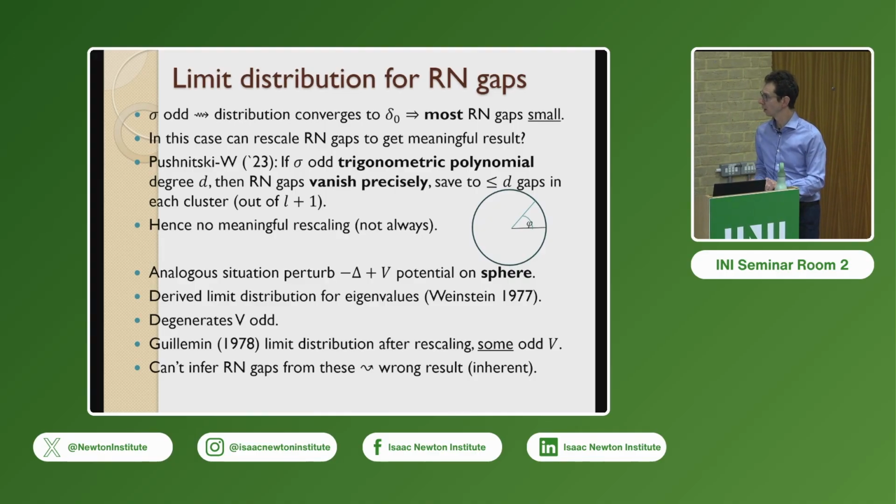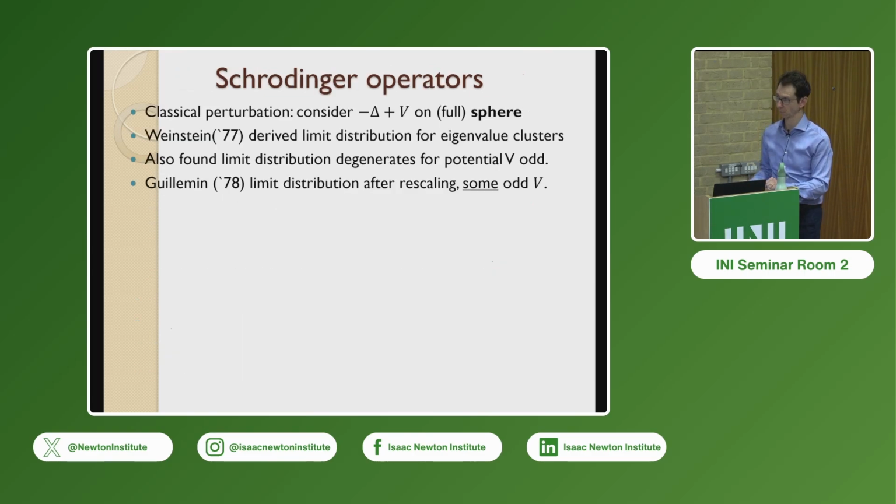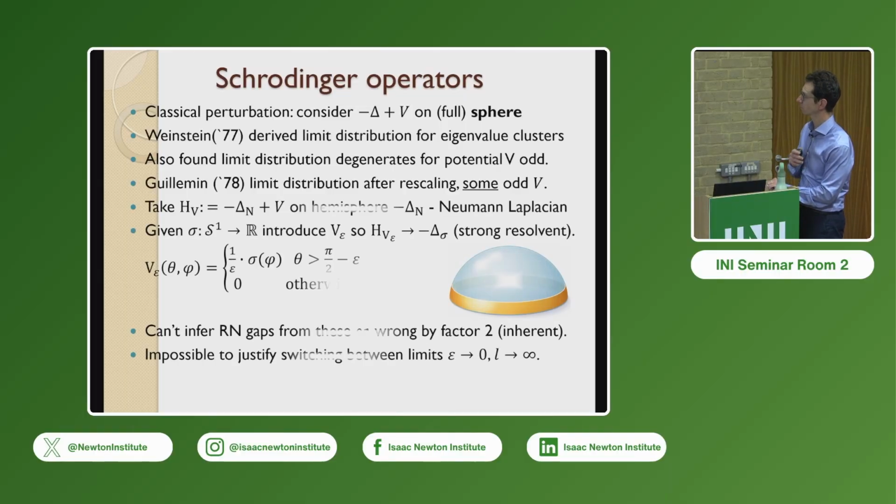Okay, but in general, one would think that it's possible to infer the result on the Robin-Neumann gaps from the result by formally substituting very specific potentials. I'm going to show which ones.